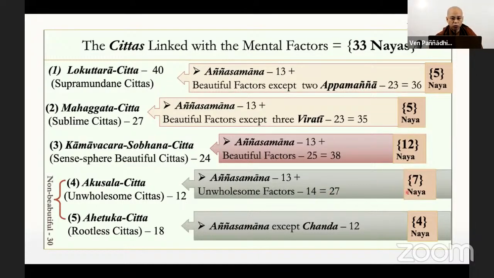Then there will be 7 nayas. These 7 nayas are a little bit complicated, and we will see how it happens. For the Ahetuka consciousness, only one group of Annasamana can be associated, and even then, in that group Chanda will be an exception, because Chanda never associates with Ahetuka. So in Ahetuka, 4 nayas, altogether 33.